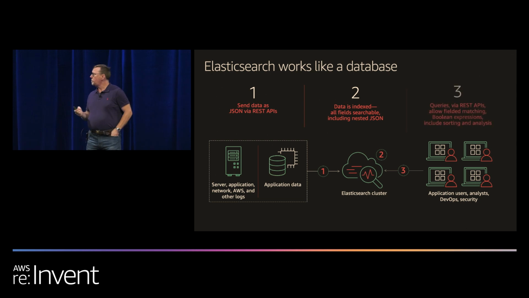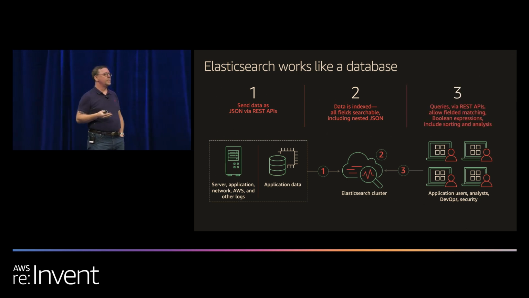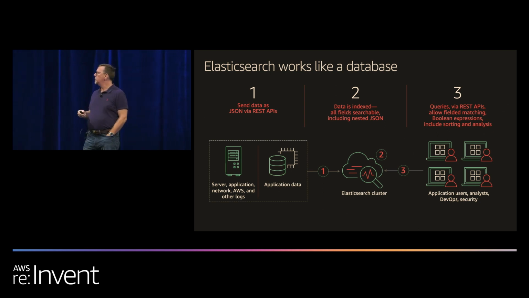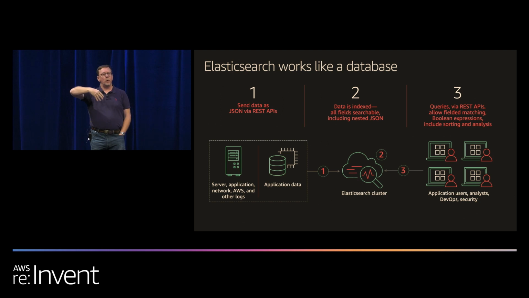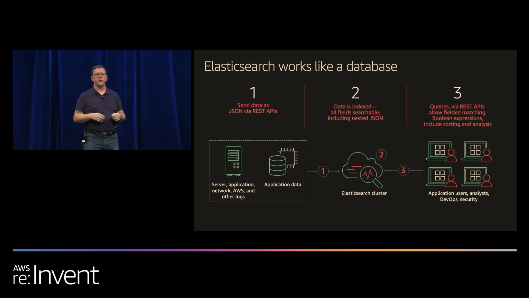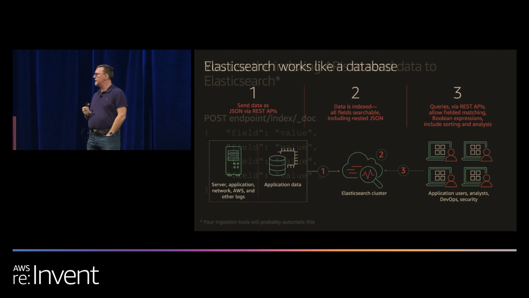And then on the other end, your developers, if you're DevOps, your application, if it's a search application, your IT folks, all of those folks are going to send queries to Elasticsearch and get query responses or analysis out of Elasticsearch. So that's overall how you interact with Elasticsearch.